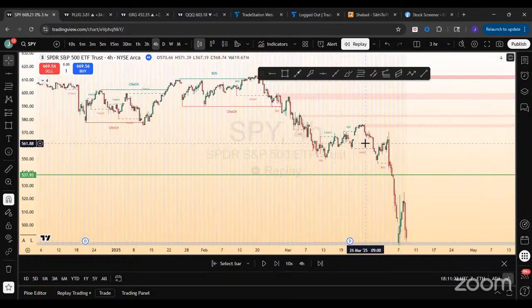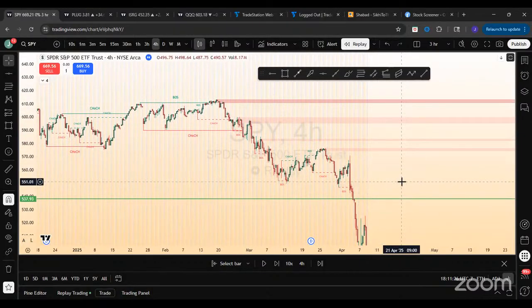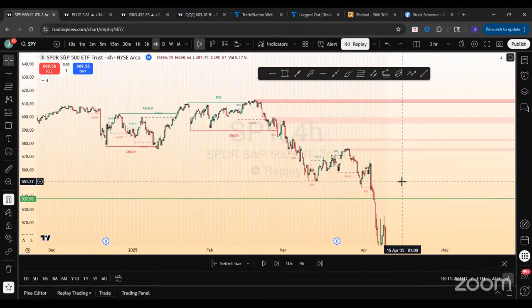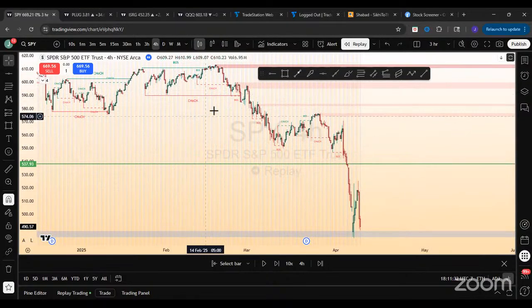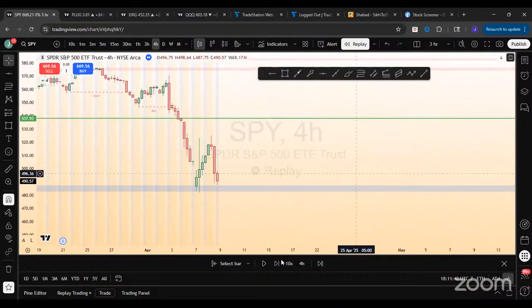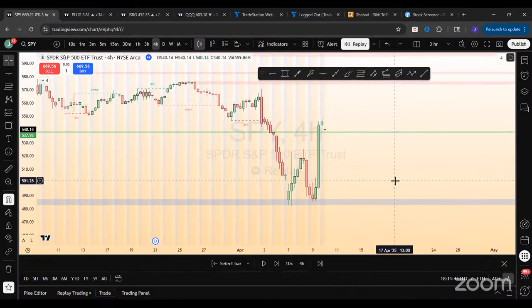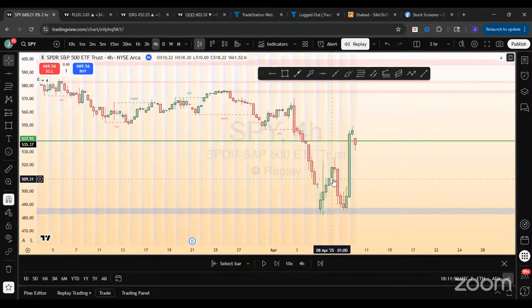Here, because it has gone significantly down, what we're looking for is an external structure to break. So we're looking for a swing bullish change of character because it has dropped significantly. So this candle, I'm surprised it didn't give me a change of character here.